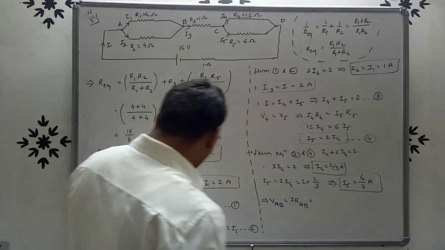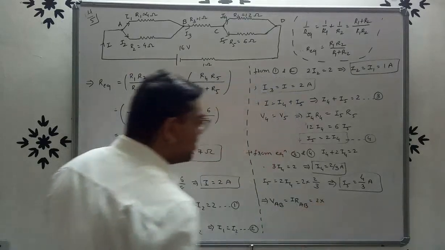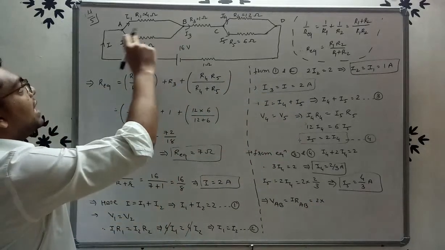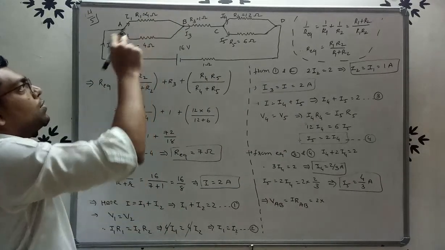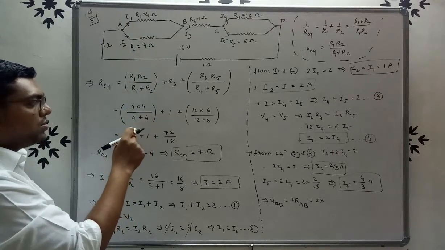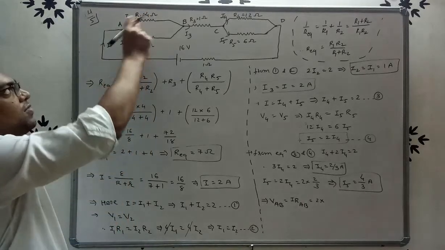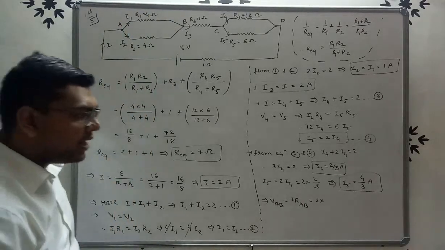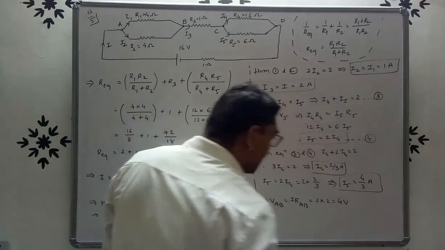The value of current will be 2, and RAB is the resistance between A and B. So these 4 and 4 are in parallel. So 4 into 4 upon 4 plus 4. So 16 by 8, so 2. So the equivalent resistance between A and B is 2. We already calculated this. So 2 into 2, that is 4 volt.